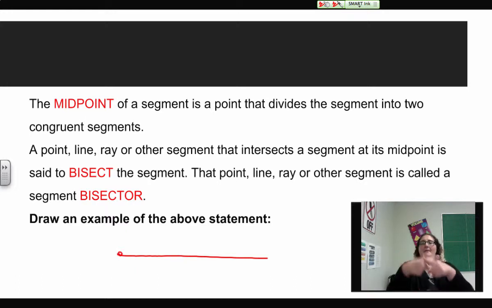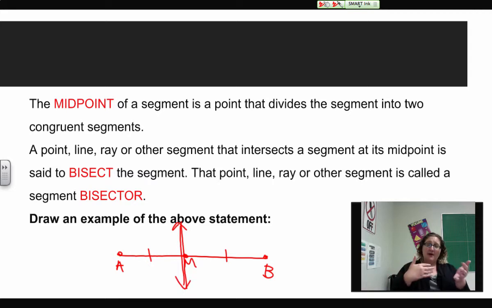First we start off with a segment, segment AB, and we find the point where it intersects, and we'll call this point M for midpoint. Segment AM is equal to segment BM. Now at this point we could draw a ray from M, or we can draw a line. It doesn't matter. This would be an example of a bisector.